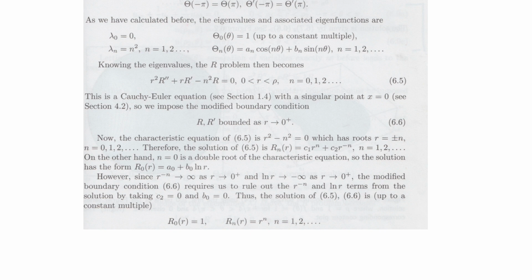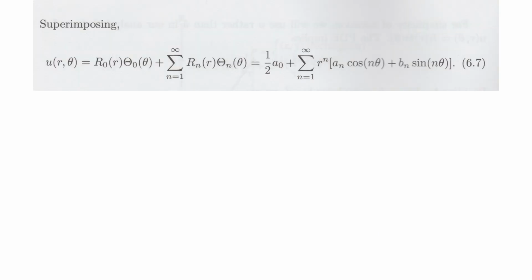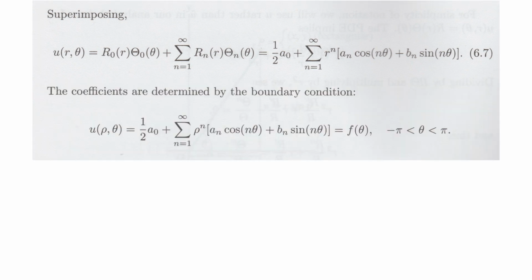We have the solution for the theta equation given at the top, the solution of the r equation given at the bottom of the screen, and we superimpose them in our standard fashion, and we end up with a0 over 2 plus the sum of r to the n times a linear combination of sine and cosine n theta. The last thing to do is to determine the coefficients a0, an, and bn, and we apply the boundary condition.